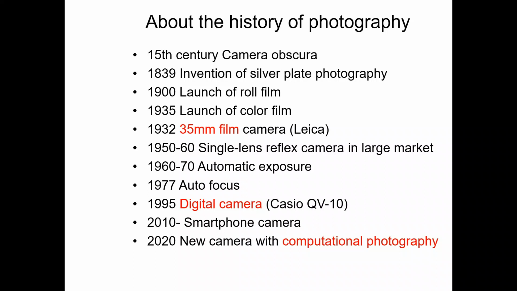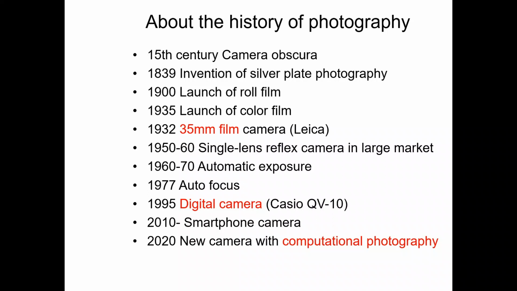Then one epoch is maybe 1932, when the 35 millimeter film spec was invented. Before that, several specs existed, so if you bought a camera, you had to buy film specialized for that camera.